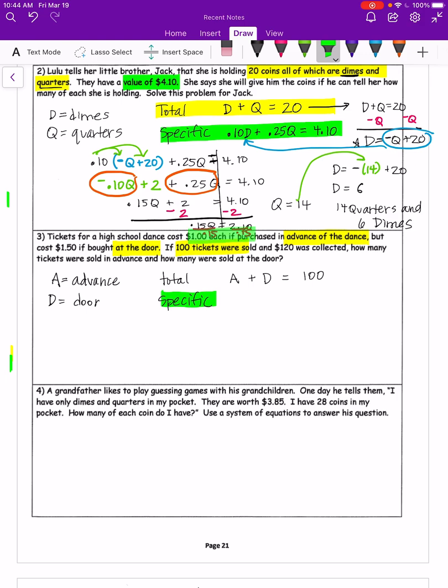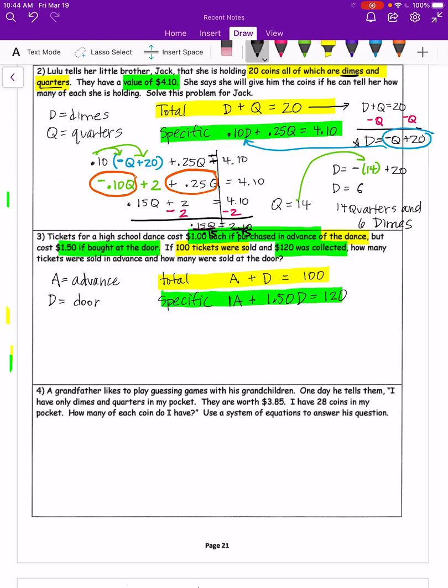So $1 for advance, $1.50 at the door, and $120 was collected altogether. So $1 for advance tickets, so 1 times advance, plus $1.50 at the door, 1.50D equals, and how much did they collect? They collected $120. So now you have your specific as well. So attaching the price to each of those things and then how much money they collected altogether.